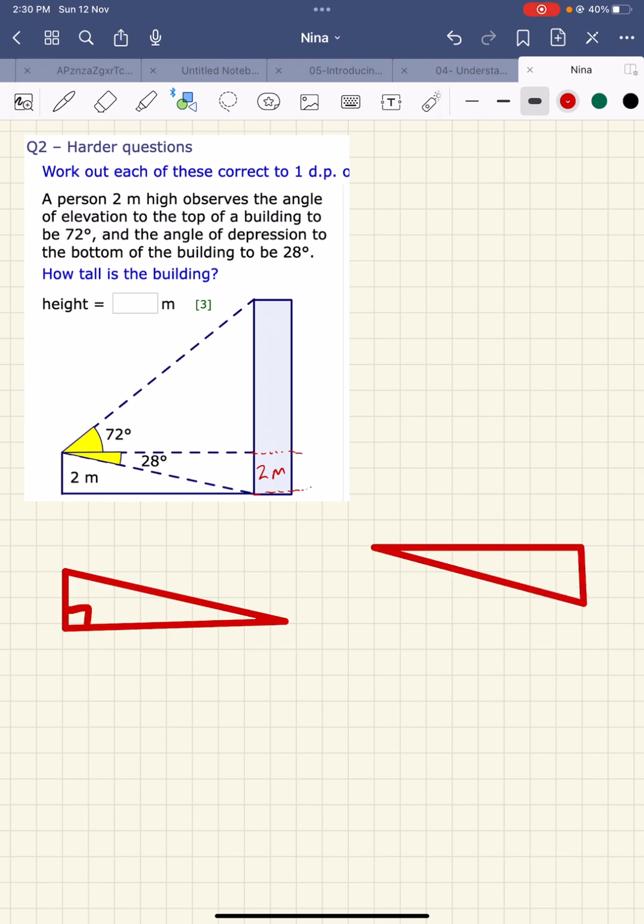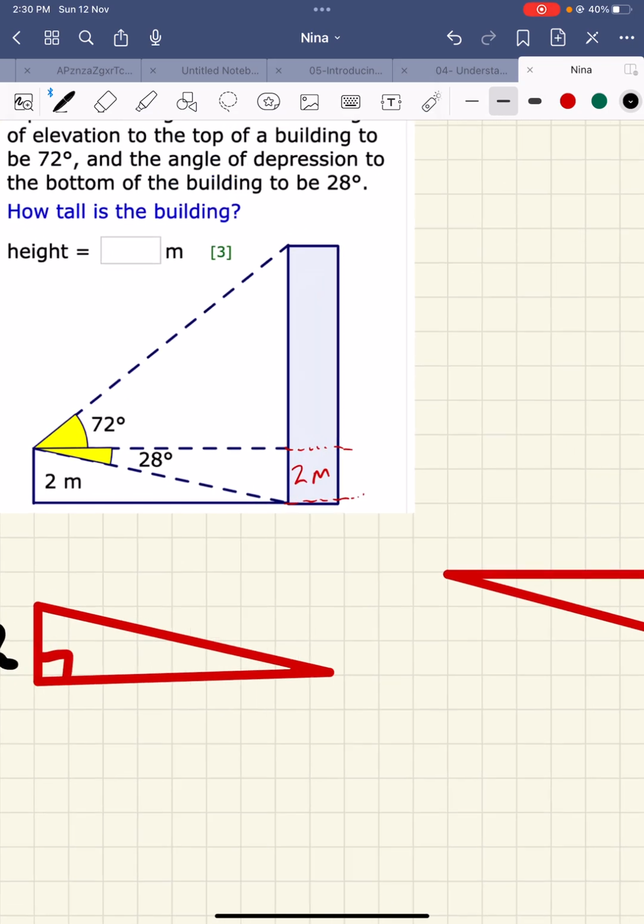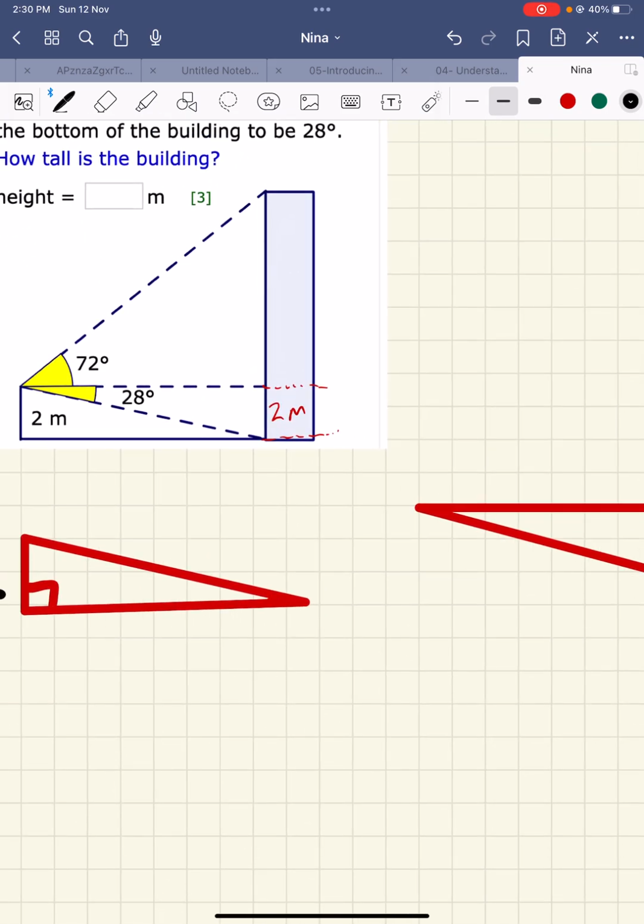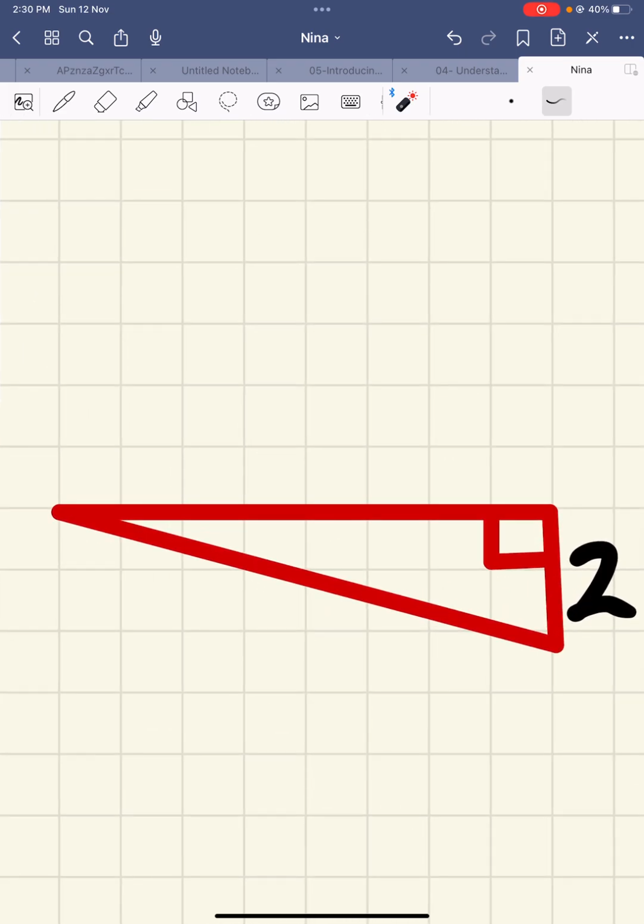Alright, okay. Let's put on the 2 meters and all the other information. So 2 meters here, 2 meters here. Then let's put the 28 degrees on. Alright, so can you see the 28 degrees along, down and up, and the 28 here? So therefore on here I can put on the 28.